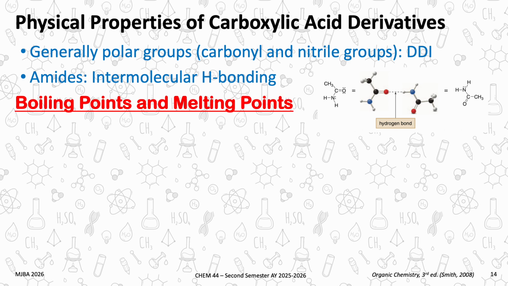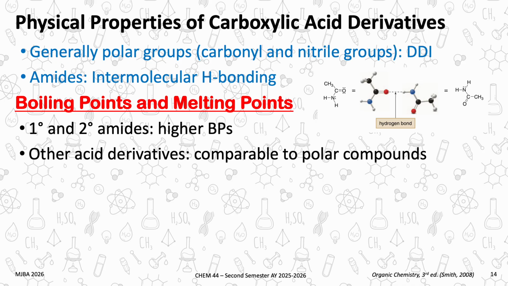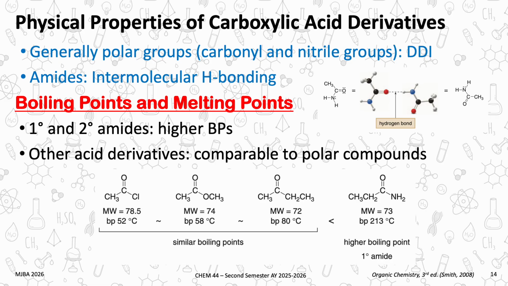As such, when we compare the boiling points and the melting points, we should be expecting the primary and the secondary amides to have higher boiling points than those of comparable molecular weight, even for carboxylic acid derivatives. If we take a look into the other acid derivatives, definitely because of the presence of the dipole-dipole interaction, they are quite comparable to the known polar compounds, especially considering same molecular weight, as we can see in this series.